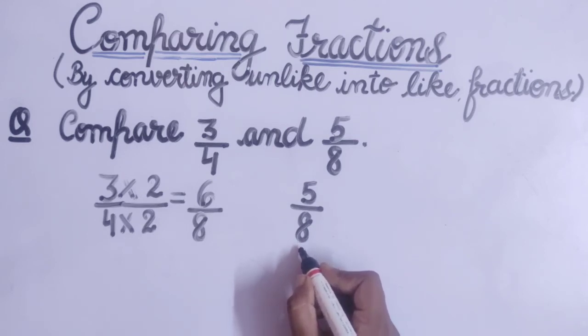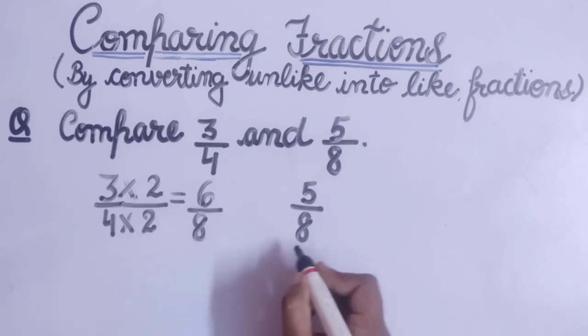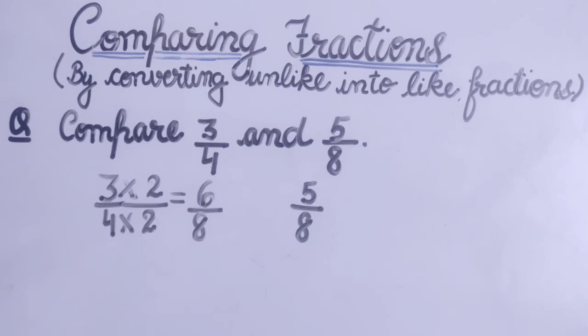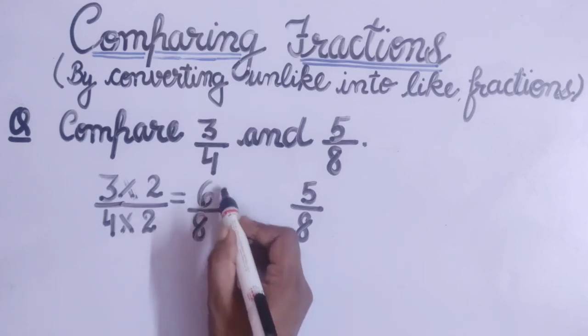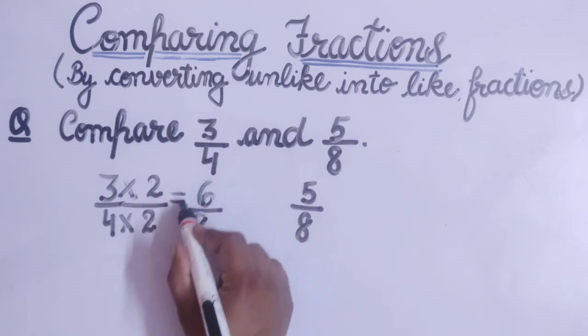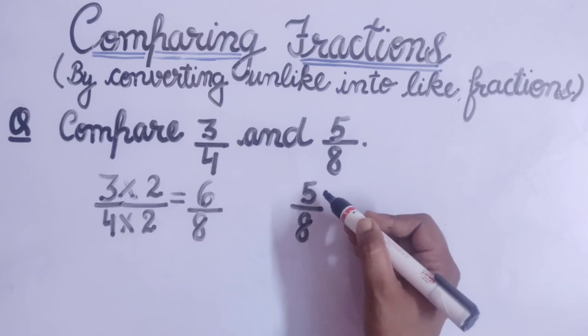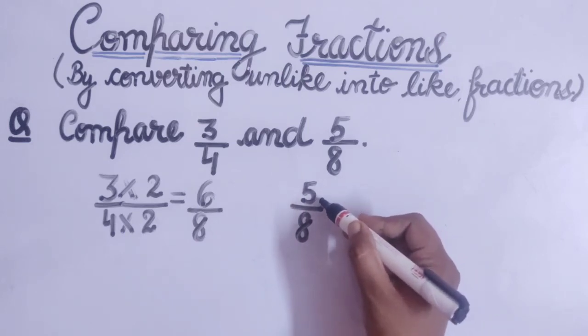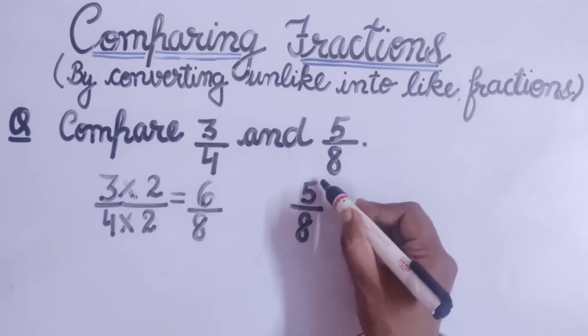Now we can compare them easily. It has become the same as type 1 we discussed. When denominators are the same, we compare the numerators. The fraction with the greater numerator is the greater fraction, and the fraction with the smaller numerator is the smaller fraction.